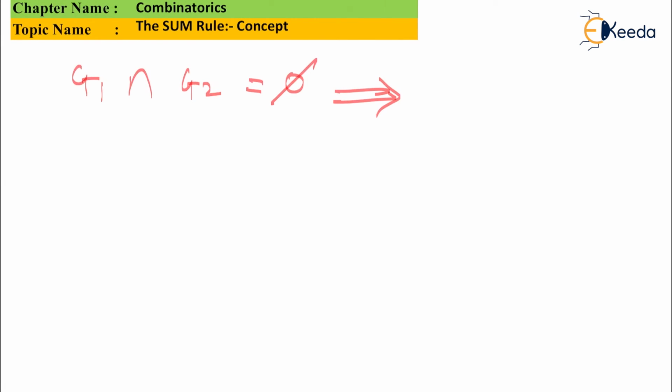If G1 intersection G2 is equal to empty, in that case we can say that the number of choices is equal to the addition of both the choice sets. So you can do the perfect addition, and the answer stops at perfect addition only when the intersection is empty.